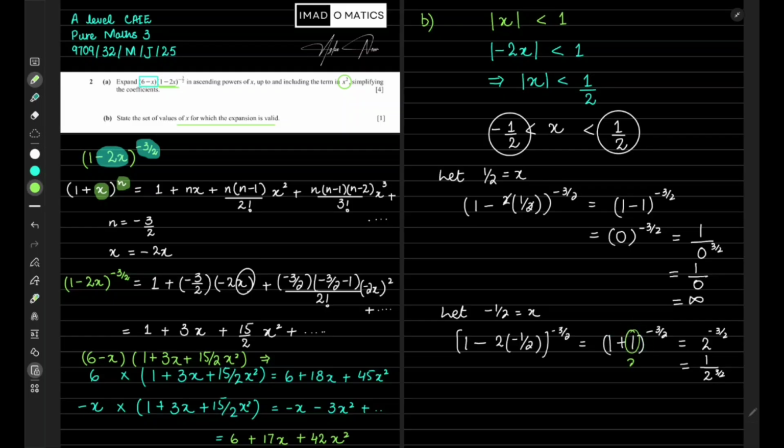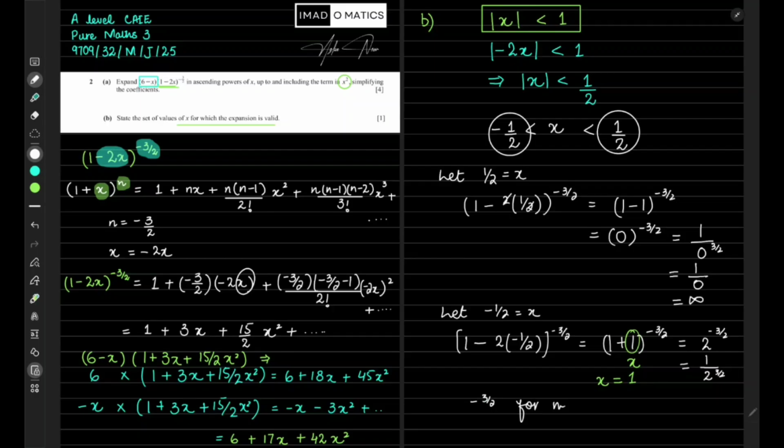We already mentioned above that your modulus x should be less than 1, but here your x becomes equal to 1. So for x equal to 1, your expansion may or may not converge. It could be converging or not converging, but here the problem is the power is minus 3 over 2.